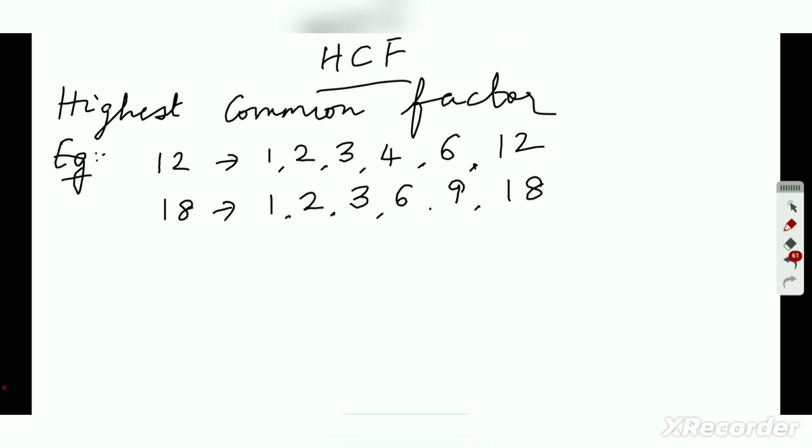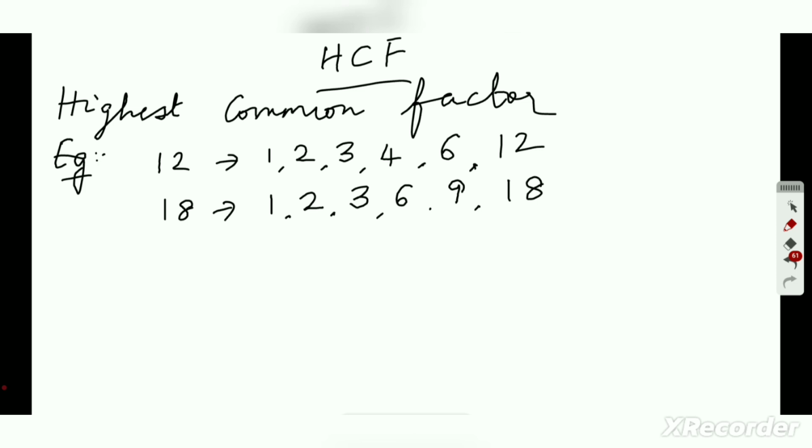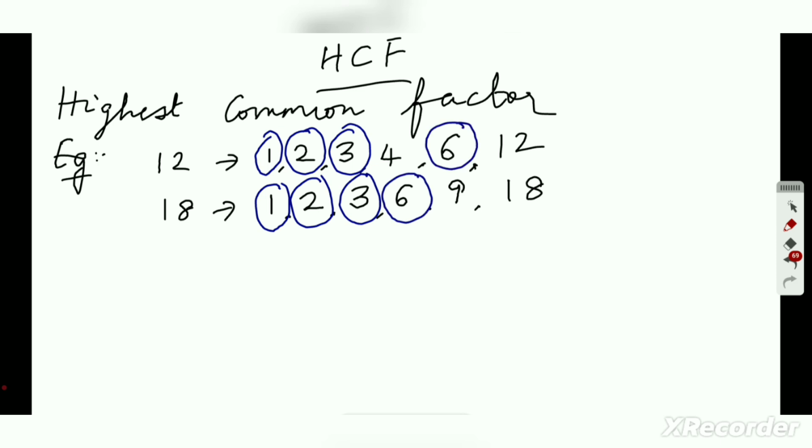Now what are we supposed to do? We are supposed to see which numbers are common, which are the common factors. Let us circle the common factors. 1 is common. 2 is a common factor. 3 is a common factor. 4 is not in 18, so the next common factor is 6. So we got the common factors as 1, 2, 3 and 6.